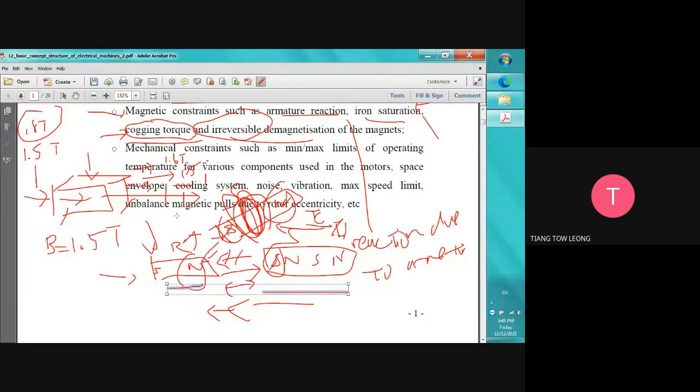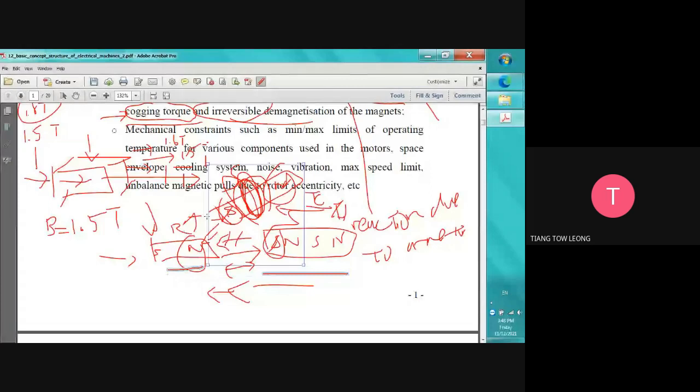Reversible means, for example, the flux is flowing out. If we give a field flowing inside, then when we release it, we cannot get back to, let's say, the original 1.6 Tesla.